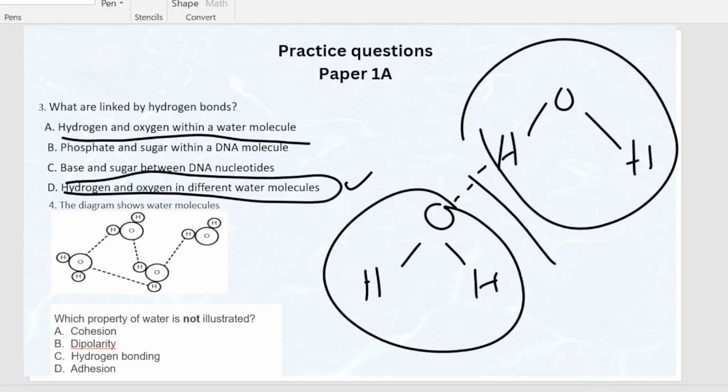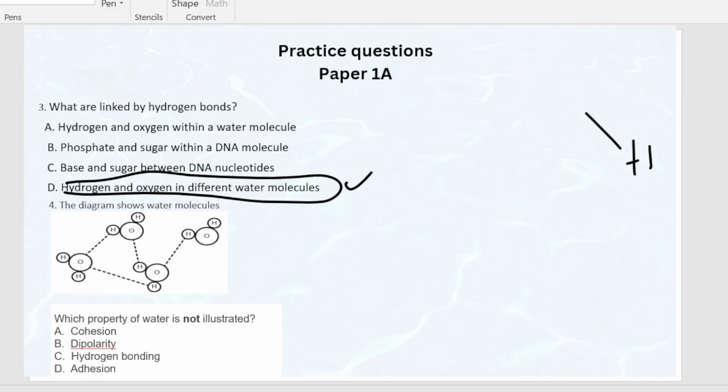I hope you understand how I actually arrive at the answer. I'll be doing this also. The diagram shows water molecules. Which property is not illustrated? This is showing a hydrogen bond, like I illustrated.